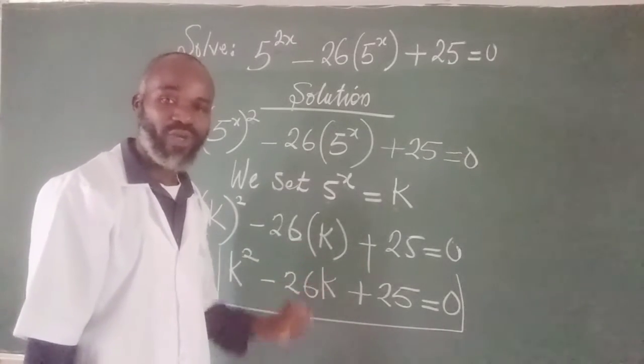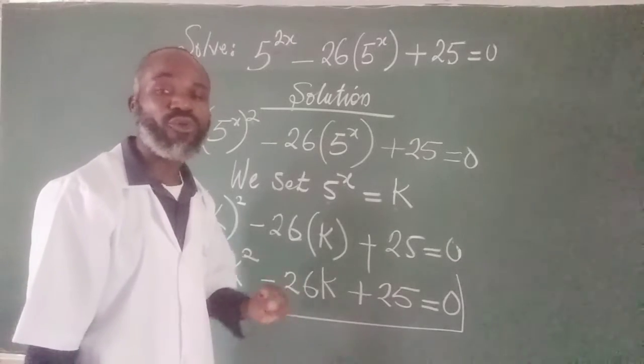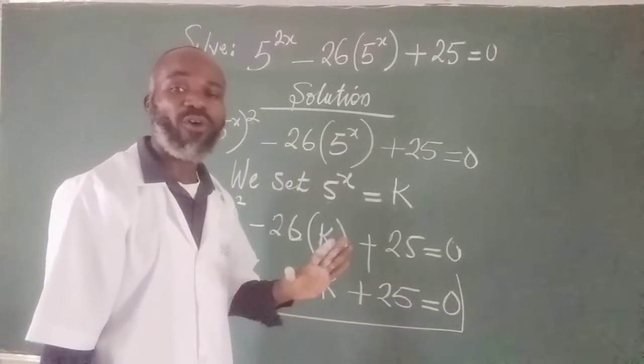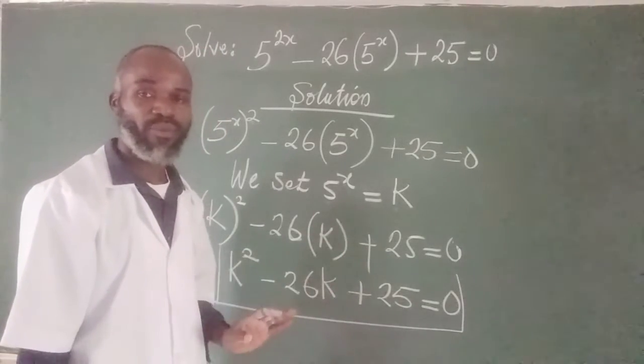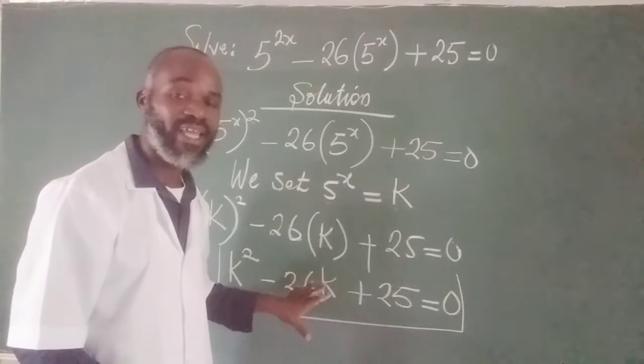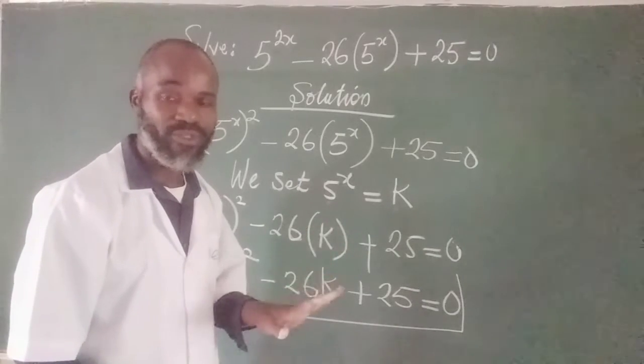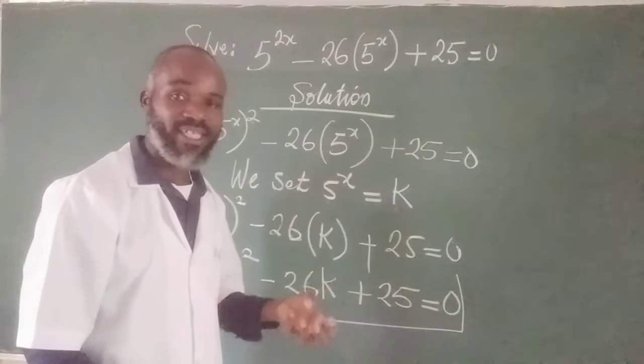And this quadratic equation can be solved using any of the 4 methods of solving a quadratic equation. But the simplest one we are going to apply here is the factorization method.